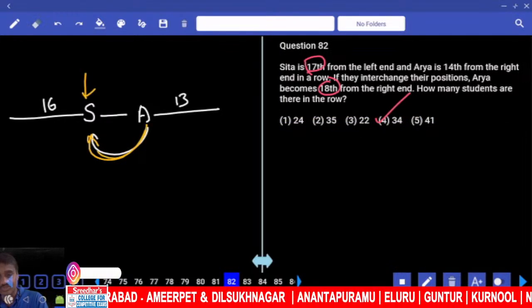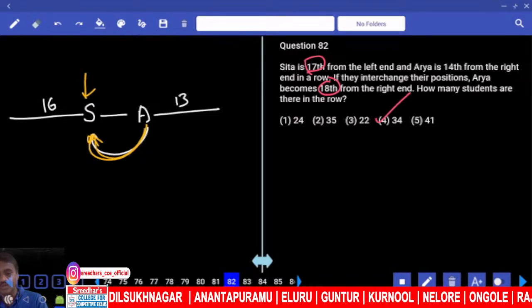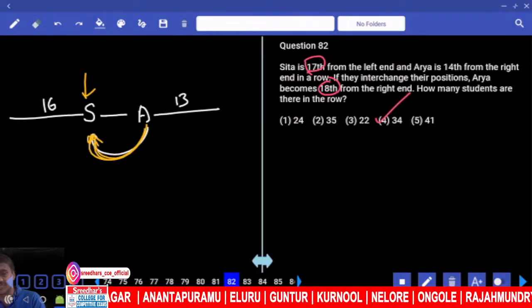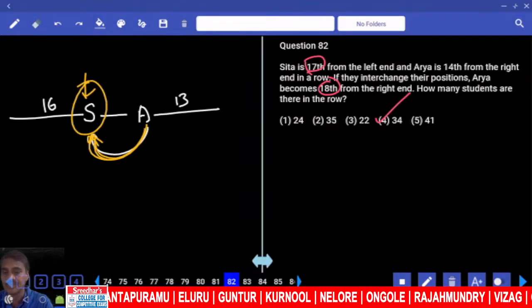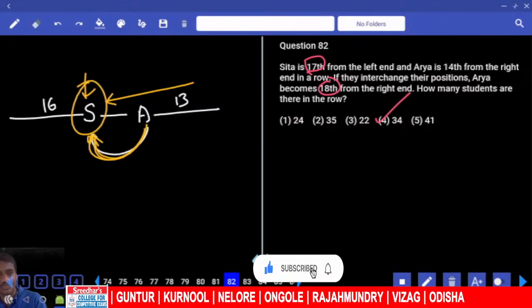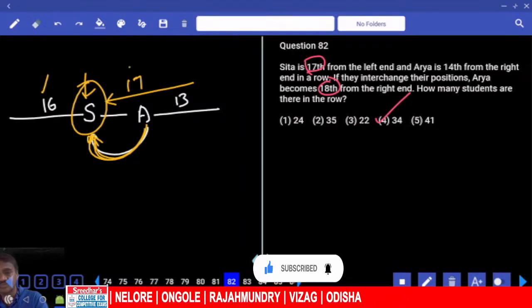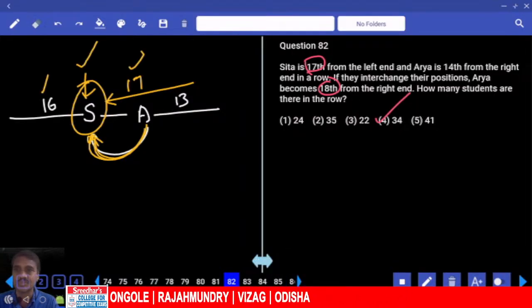Now after interchanging, Arya has come to the place of Sita, and Arya's position after interchanging is nothing but Sita's original position. Now Sita's right is again how much? 18, that is 17, 16 plus 17, 33 plus 1, 34. Or the sum of these two numbers minus 1.